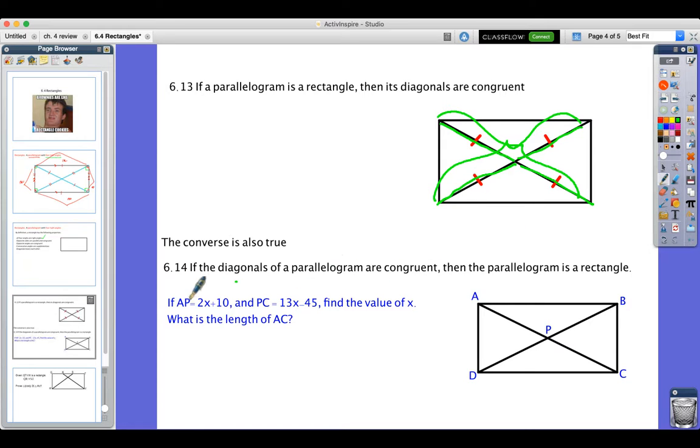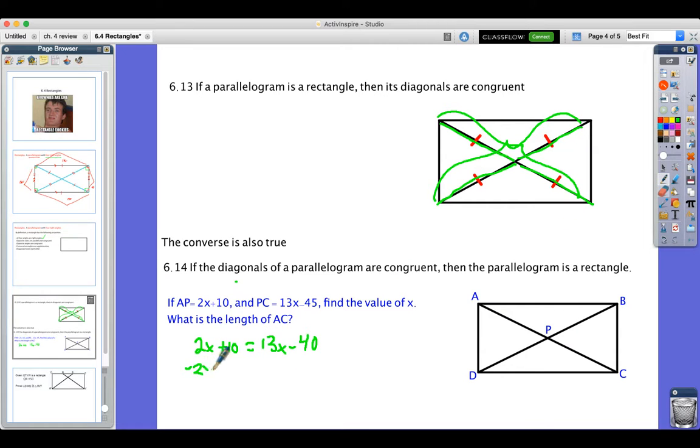So according to this, AP equals 2x plus 10, PC equals 13x minus 45. Find the value of x. What is the length of AC? So 2x plus 10 plus 13x minus 40. Oh, plus, I said plus. Nope. We're going to go ahead and say they equal each other. Let's solve for x.